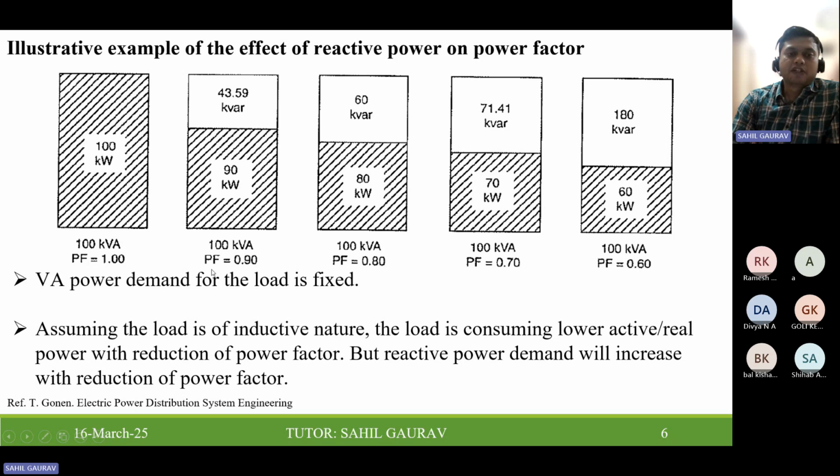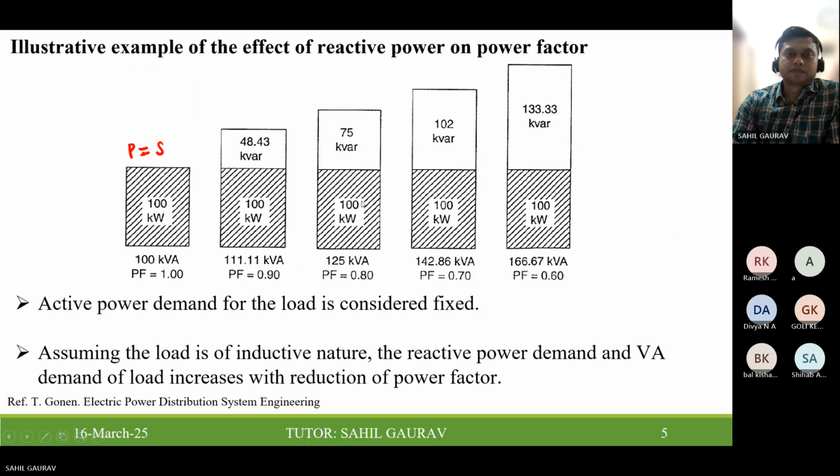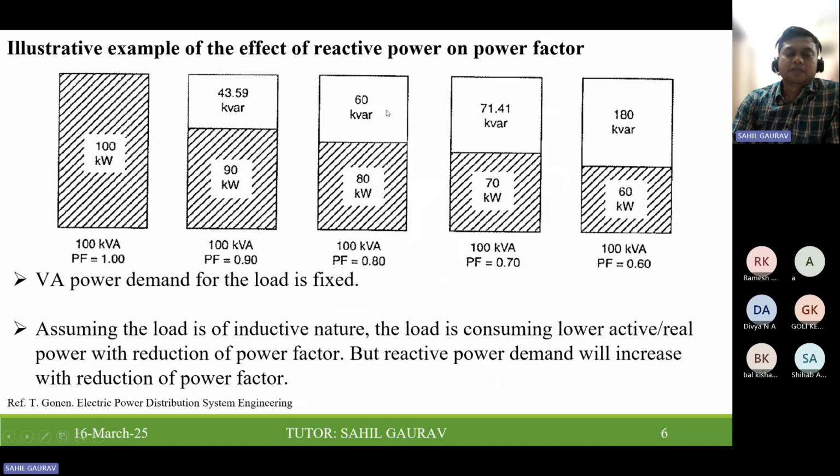With a power factor of 0.90, the reactive power is 43.59 kVAr for the same apparent power. With a reactive power of 60 kVAr, the power factor comes out as 0.80, with 71.41 kVAr it comes out as 0.70, and with 80 kVAr it comes out as 0.60.